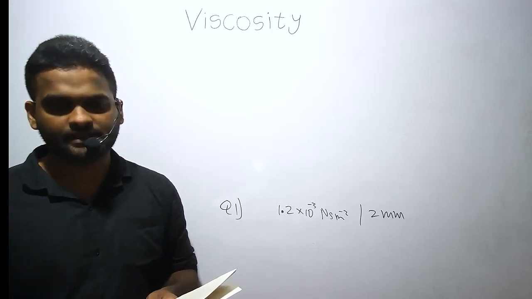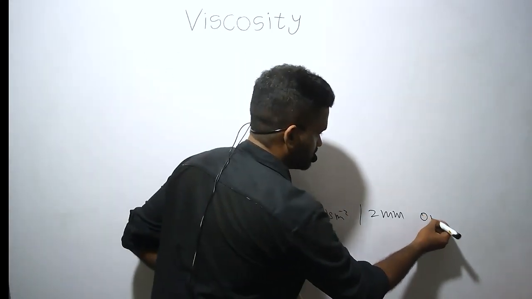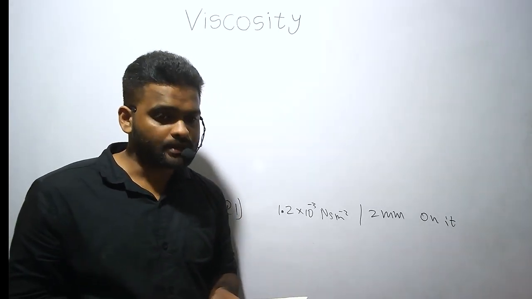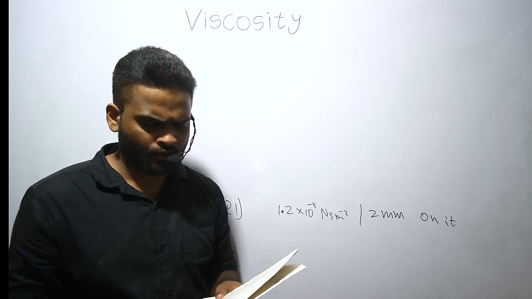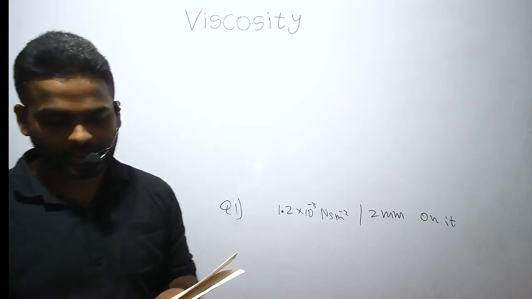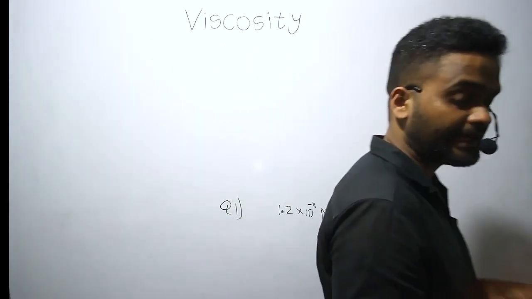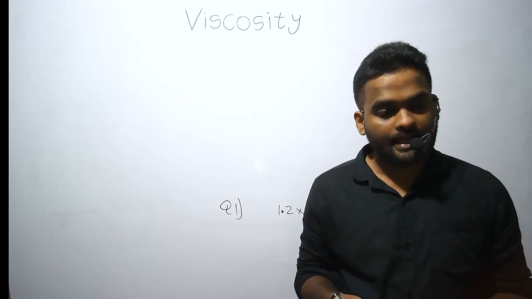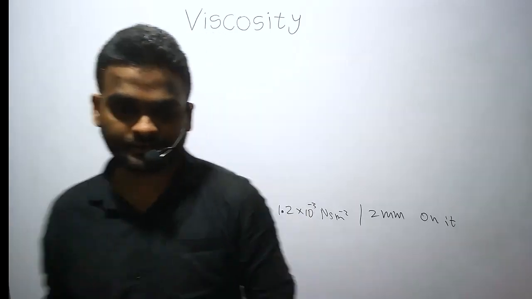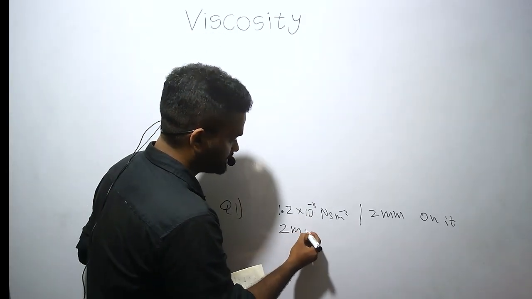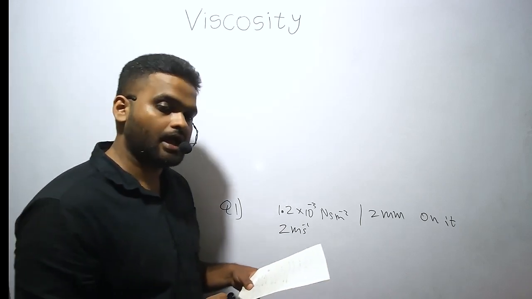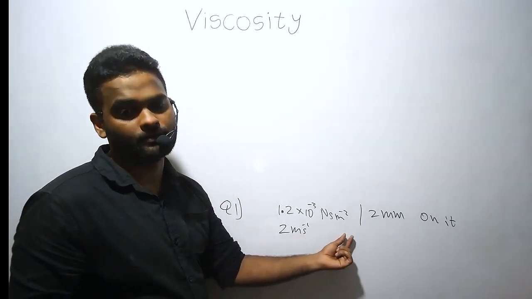On it, a cube with side length 10 centimeter is moved at 2 meters per second of uniform velocity.